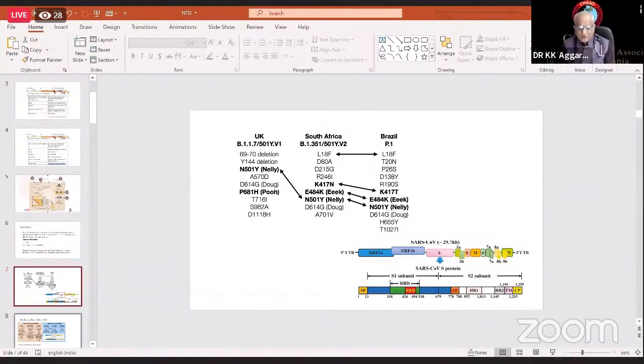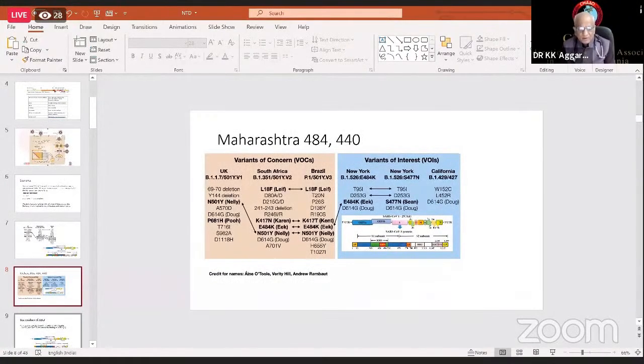What makes the UK strain the most dangerous is the 69/70 deletion and the Y144 deletion. And here you can see that in South Africa also, there is a 241 to 243 deletion.